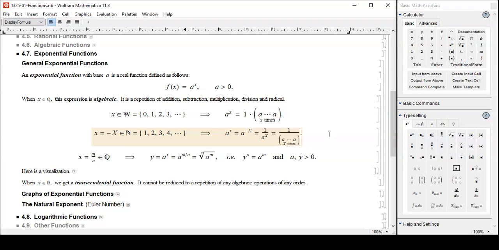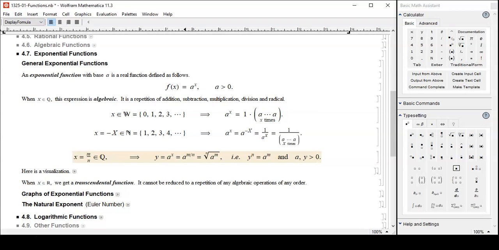Alright, now what if we have a rational number? In that case, we can re-express it as m over n, where the denominator is positive. So whenever we have a negative, you can absorb that negative into the numerator. And we can define it like this: nth radical of a to the m power.